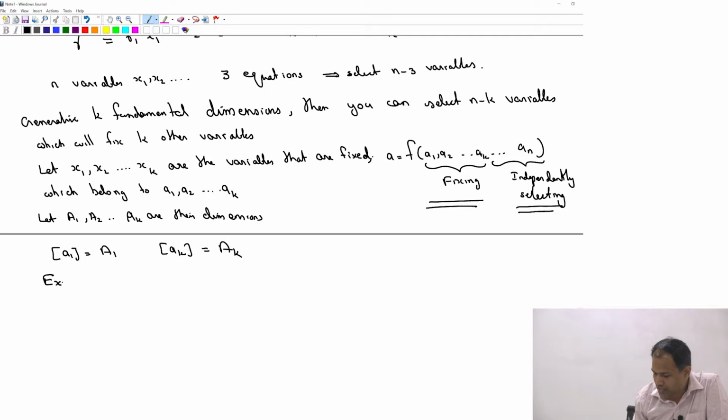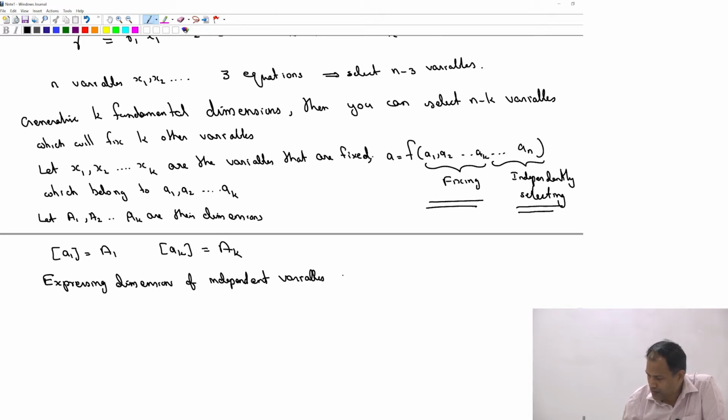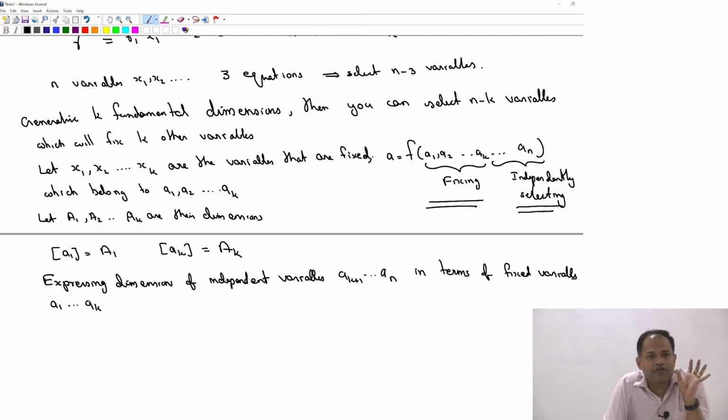I am expressing the dimensions of independent variables a(k+1) up to an in terms of fixed variables a1 up to ak. So for the first k variables, you have fixed their dimensions.